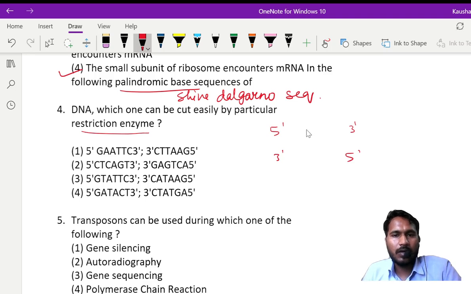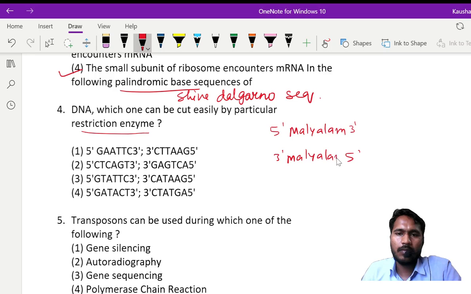Or I will write it like this. If you read from any side, it will be called a palindrome, like Malayalam.